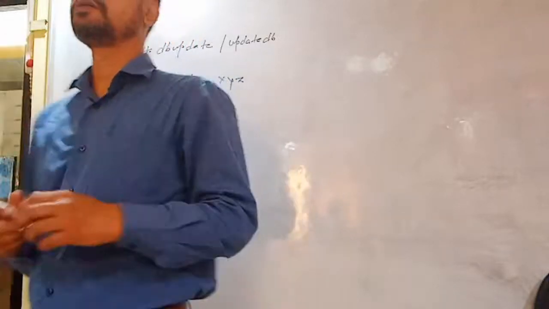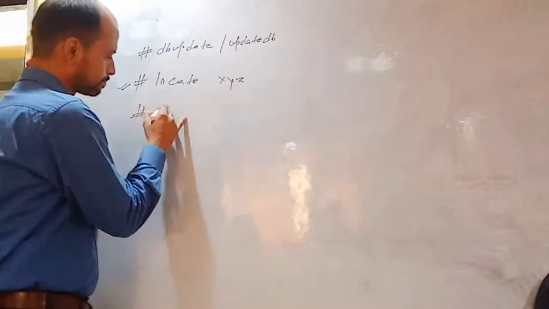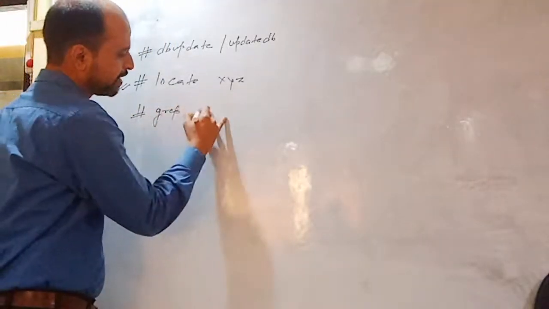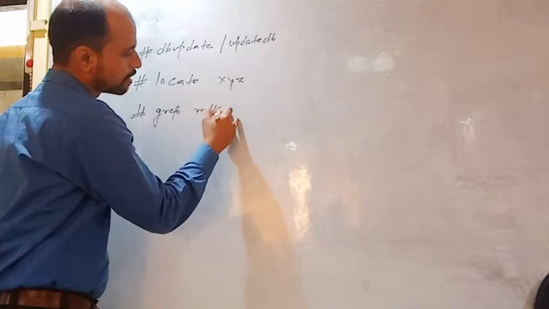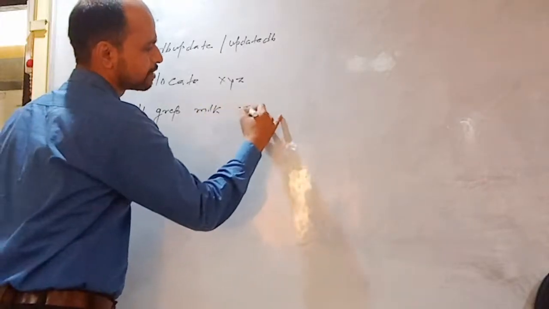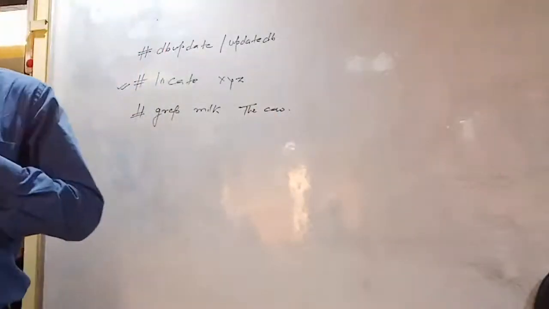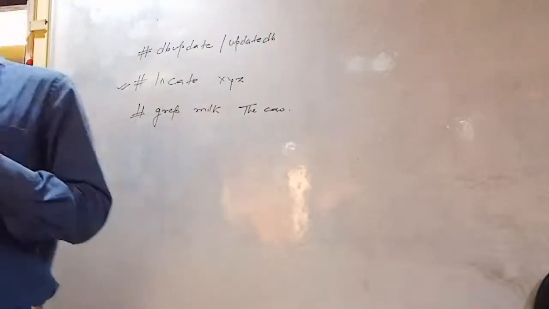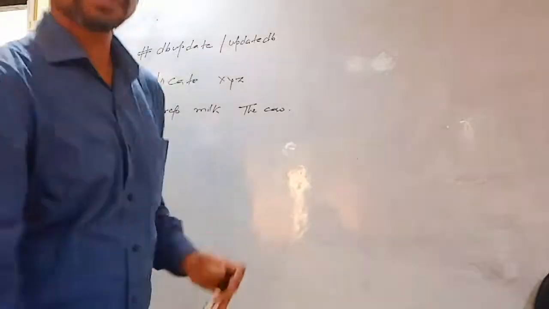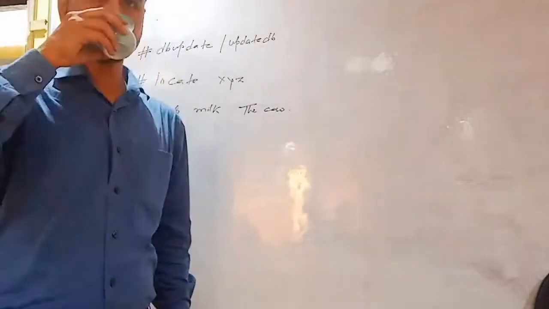So now grep, milk, and the file name. The file name is like cow. This shows how many times I have written milk.